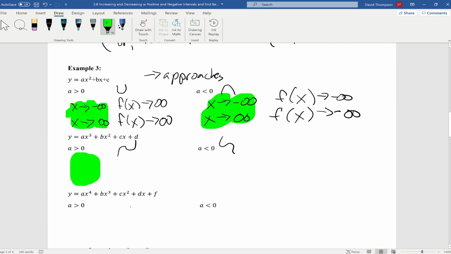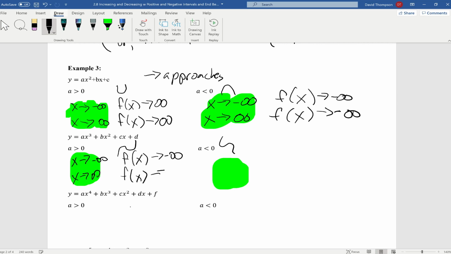So let's just write our general statements first. So we have x approaches negative infinity, so this is going to be consistent to all of them. On the left side, f of x is going to approach negative infinity. As x approaches positive infinity, f of x is going to approach positive infinity.